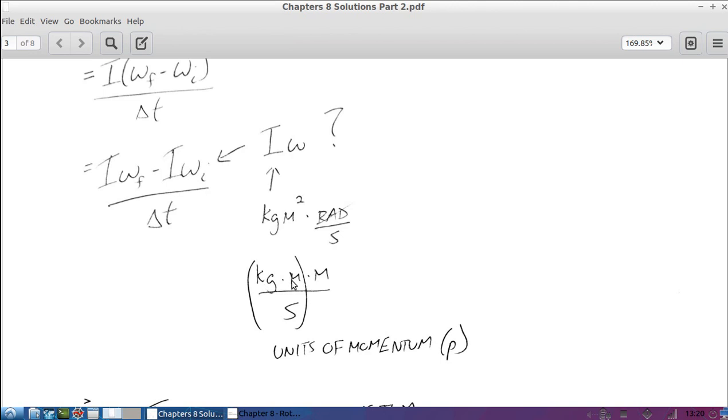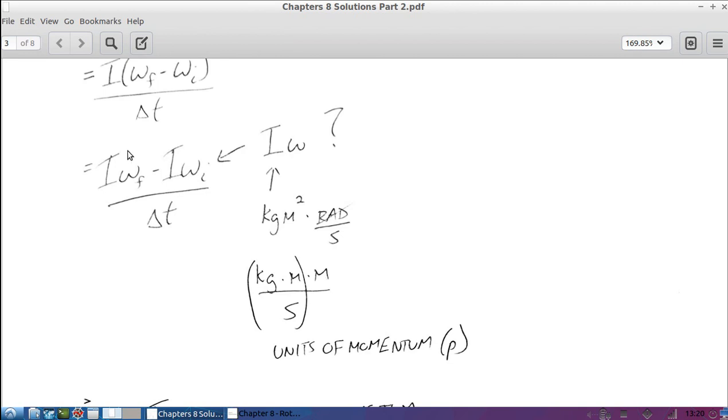If I group my kilogram meter per second together, these are my linear momentum units, right? So my angular momentum has units of linear momentum times a distance or a length. So it's got a length unit times my momentum unit, and that's going to be handy later on. So it's got units of p and units of r, say.